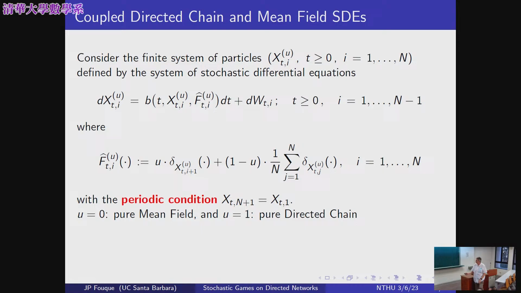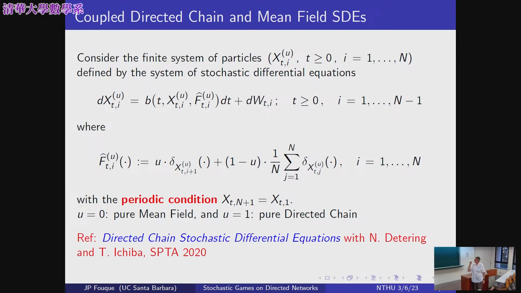Okay, so any question at this time? Is that clear? So you have a system of SDEs, and those SDEs are coupled through the distribution of the others. Right? It's a typical situation. Okay, so this system, there is no gain. Everything is prescribed.